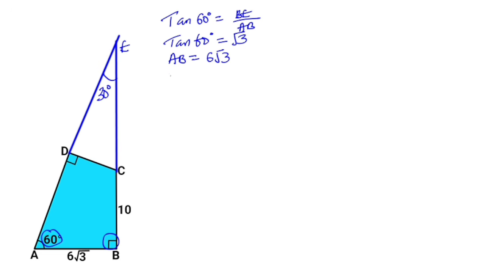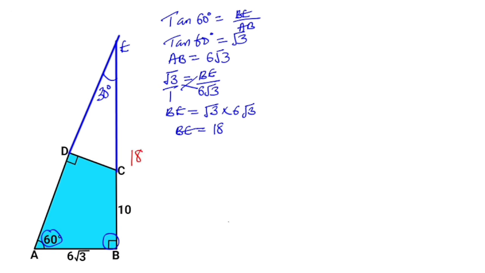Substituting the values into our expression will give us the square root of 3 is equal to BE over 6 square root of 3. By cross multiplication, BE is equal to the square root of 3 times 6 square root of 3. Since the square root of 3 times 6 square root of 3 is equal to 18, therefore, BE is equal to 18.